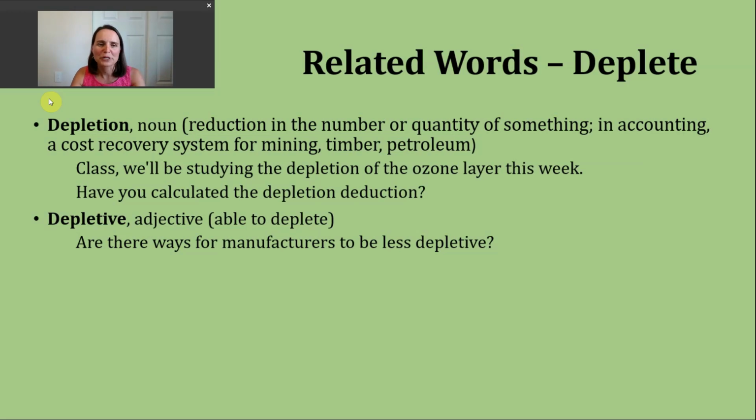The last word we're going to look at today is the adjective depletive. This can mean able to deplete. How you might hear this adjective used in a sentence might be, are there ways for manufacturers to be less depletive?